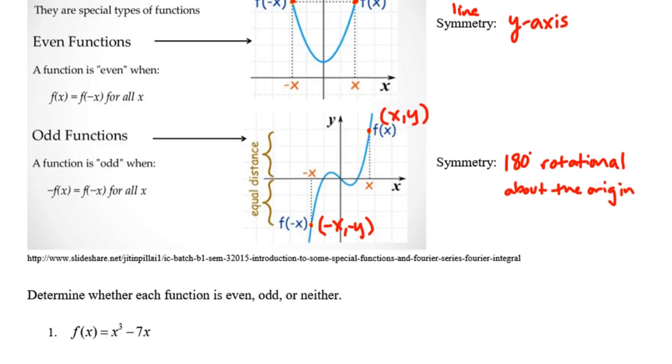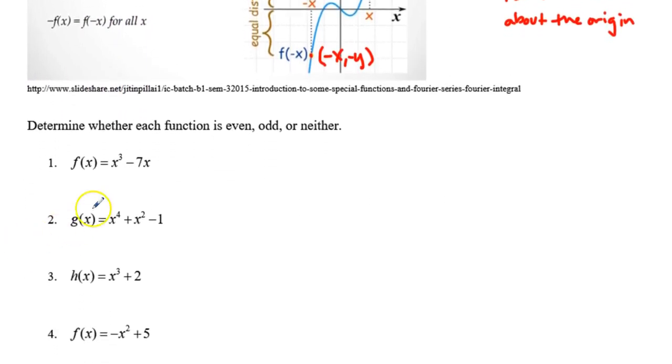Let's evaluate a couple of these. I'll work through the first three with you so you get the pattern, and then you can try the other three. For this first one, I'm going to evaluate f of negative x. You might be saying, can't you just look at the graph? Sure. Problem is, the graph can sometimes be misleading.